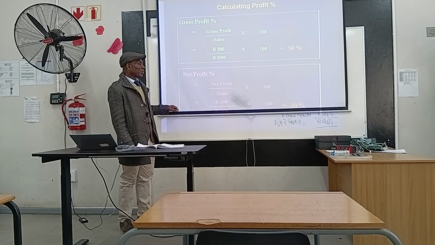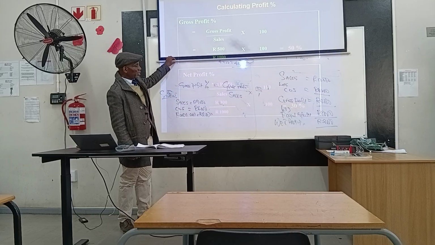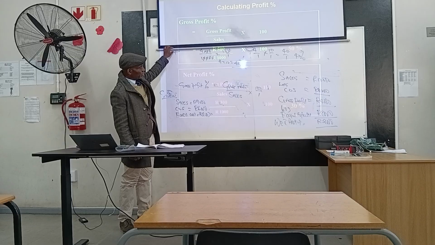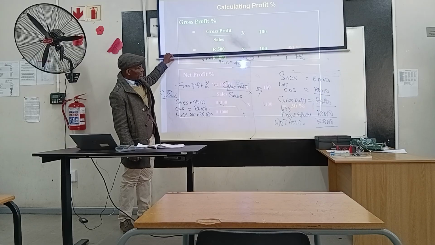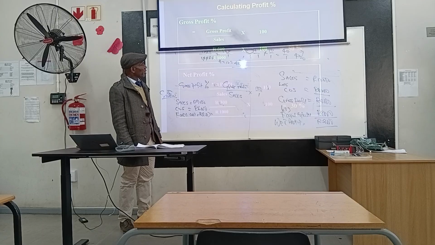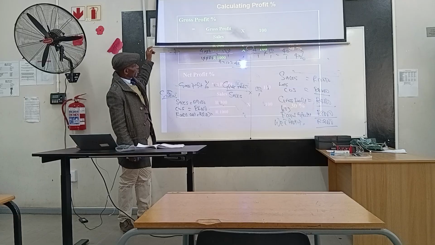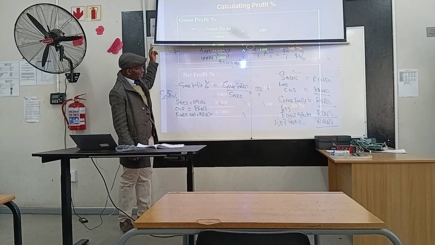Without wasting much time, who can do it with a calculator quickly? It's going to be 2000 over 10,000 times 100 over 1.